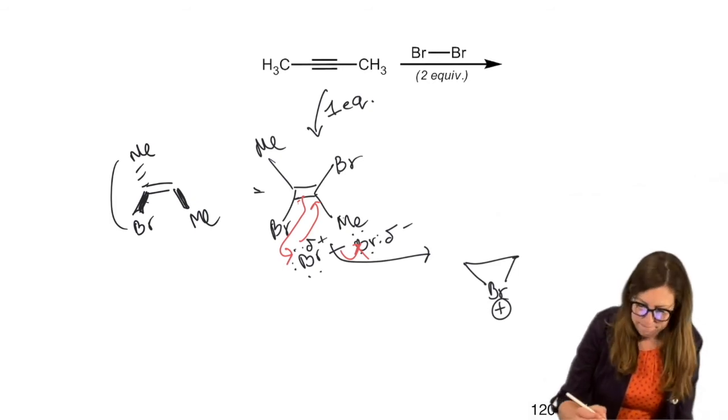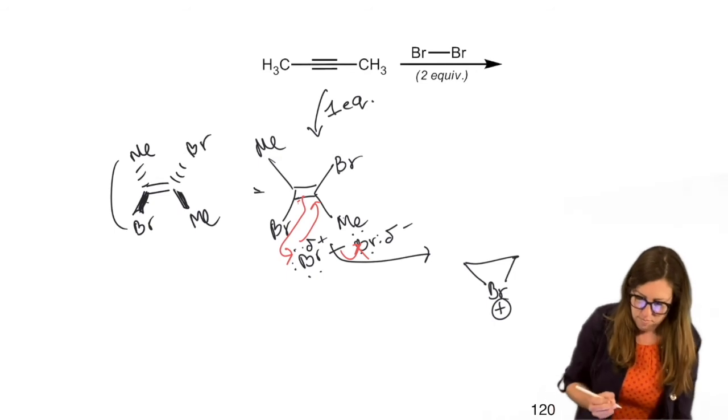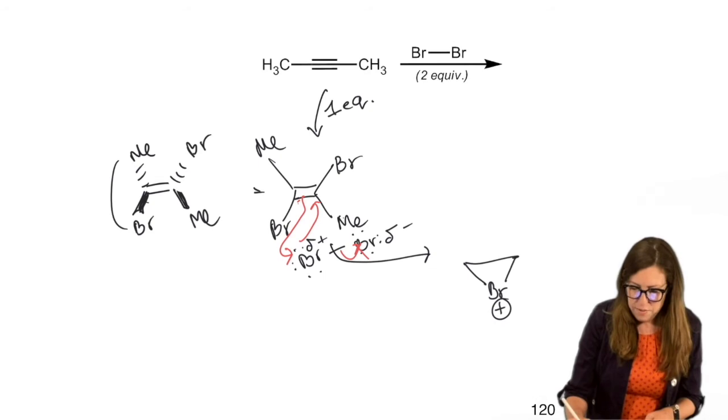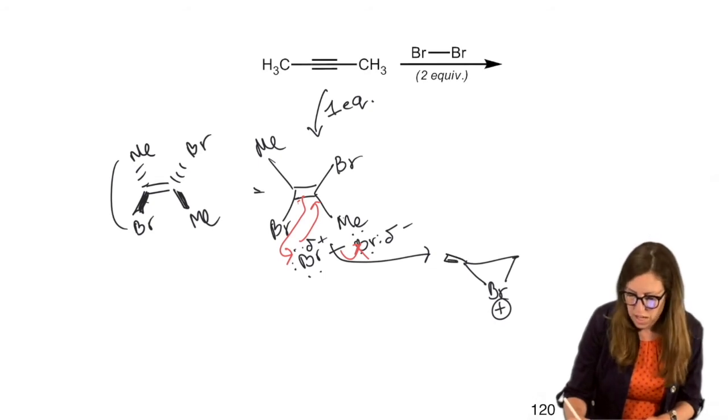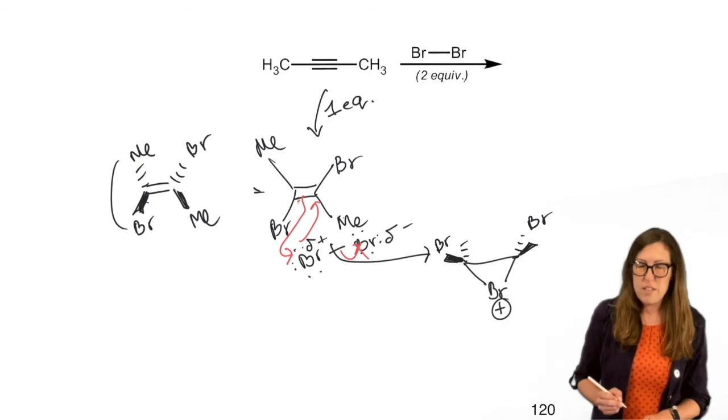Okay? So I brought it up toward me. I'm looking at it. That means that when I get to this point where I have to draw in dashes and wedges because I need to illustrate that anti-relationship, it makes sense. See how those bromines that we added that were trans before stay trans right there.